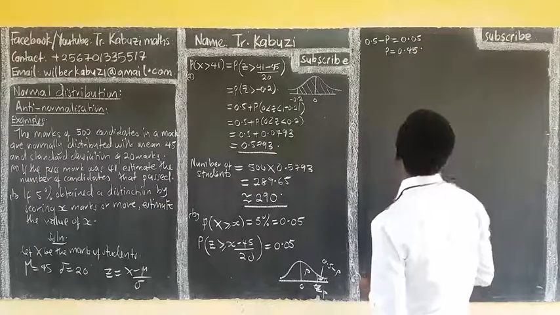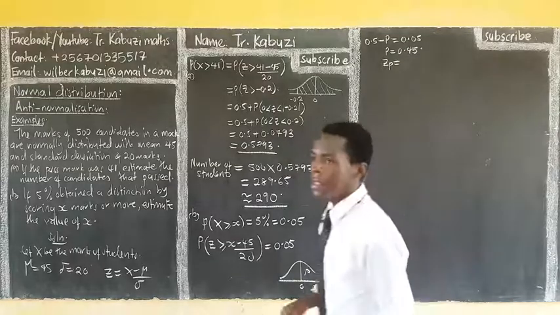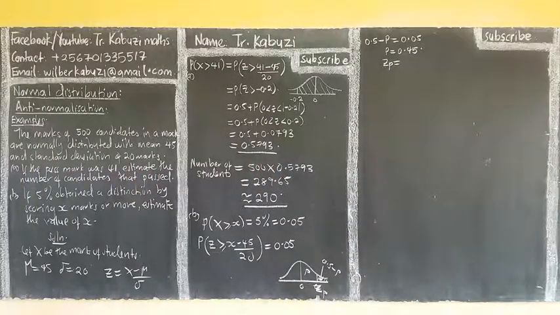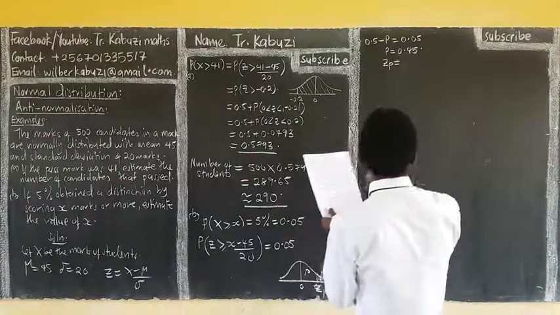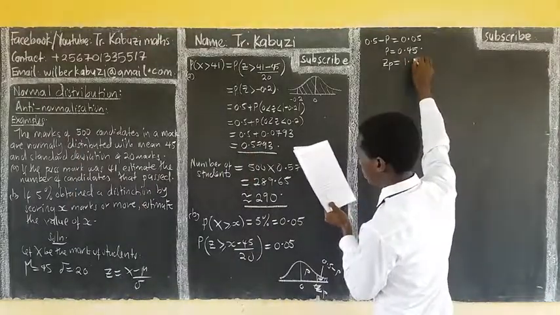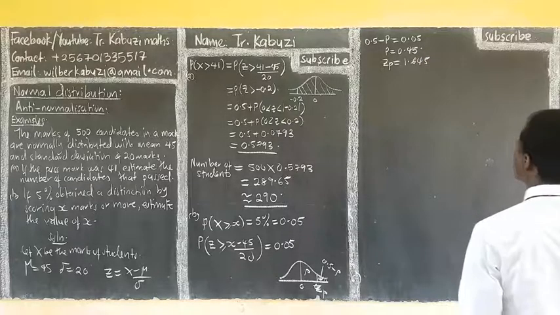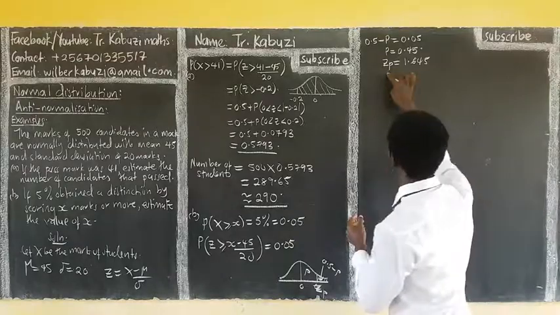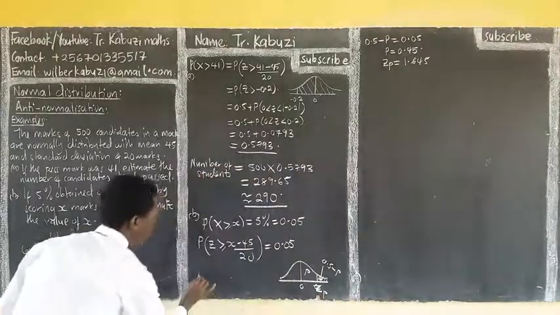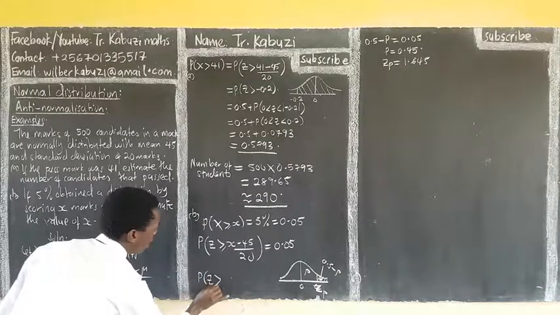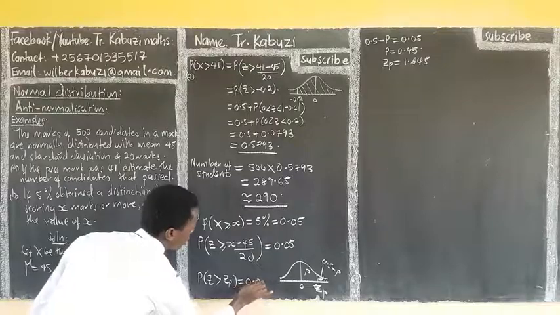Now read this off from the table. After getting P, read ZP from the table. People know how to read these values. Me, I'm getting 1.645. After reading that from my table, this is our ZP, because we are looking for Z greater than ZP equaling 0.05.